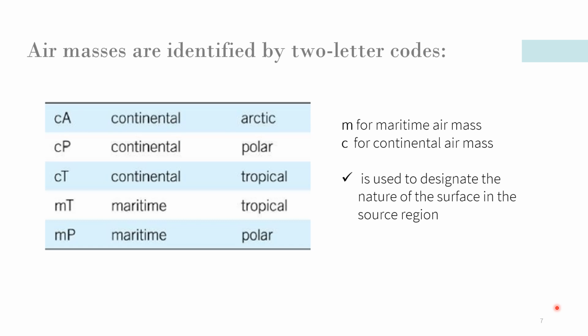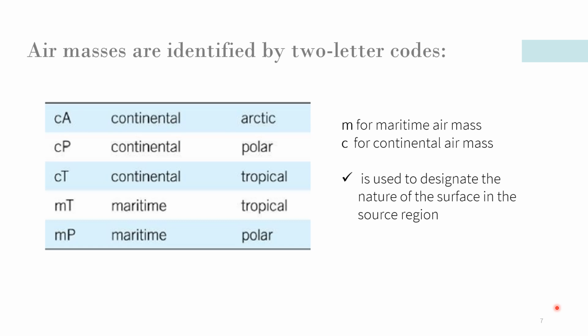Because air masses form over oceans, they have a high water vapor content compared to continental air masses that originate over land. And you have to remember that oceanic air masses have high water vapor.